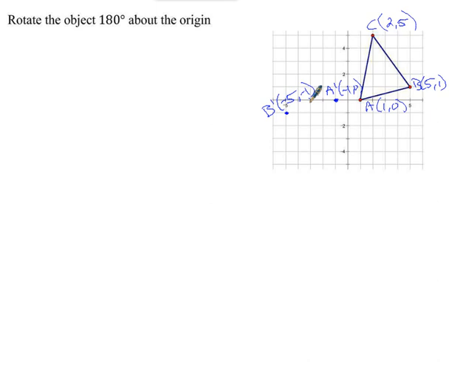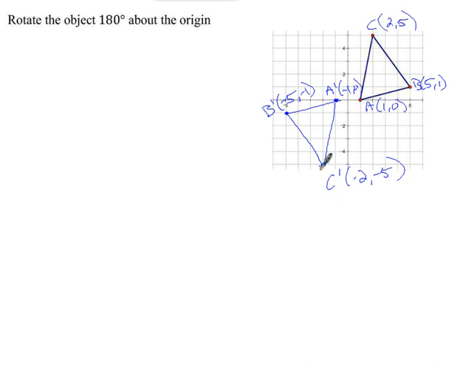And if C is 2, 5, then C prime will be -2, -5. And I can make that figure. You should be able to see that this object has been spun 180 degrees around so that this guy was in the lead the whole time and now is sitting down here.